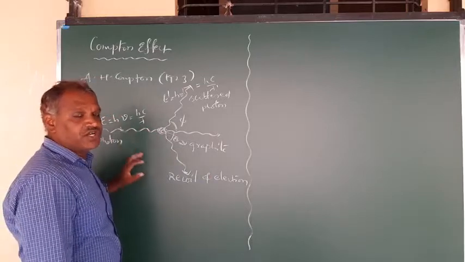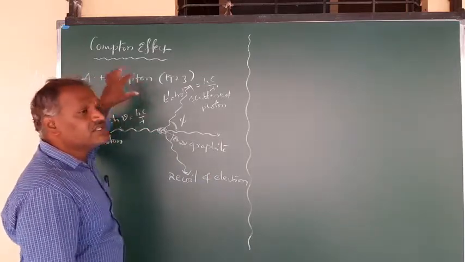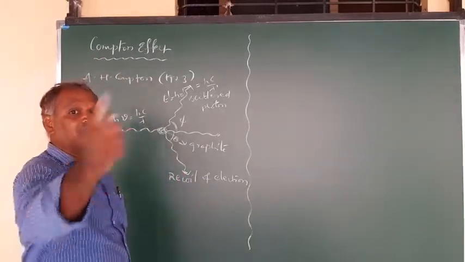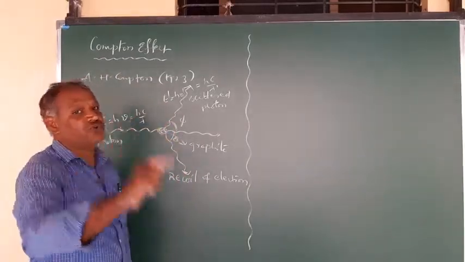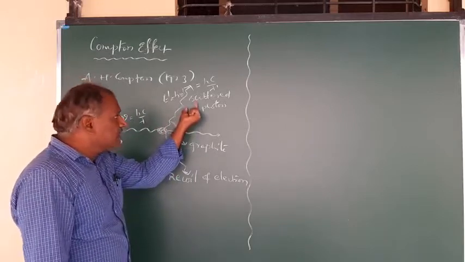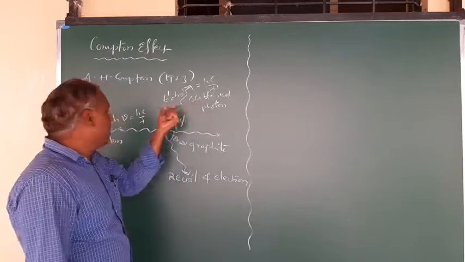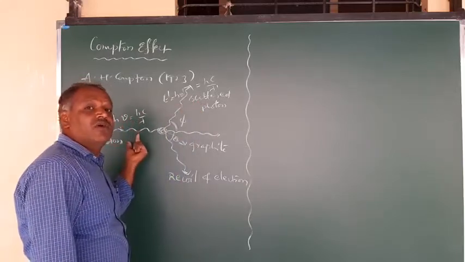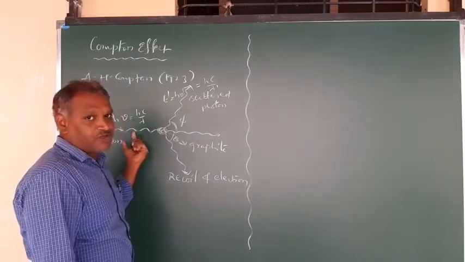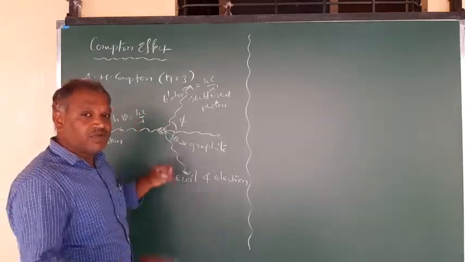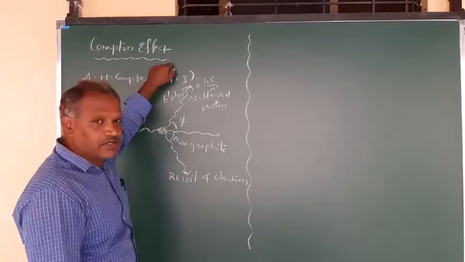So this observation was made by Compton, and this change in wavelength, with the scattered photon's wavelength greater than that of the incident photon, is the change he observed. That process is called the Compton effect.